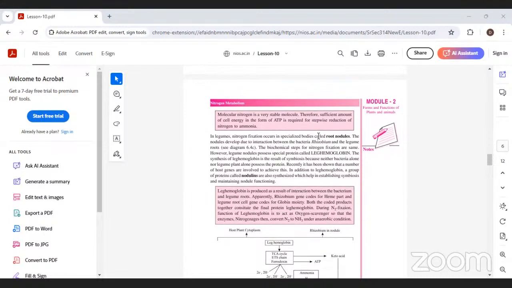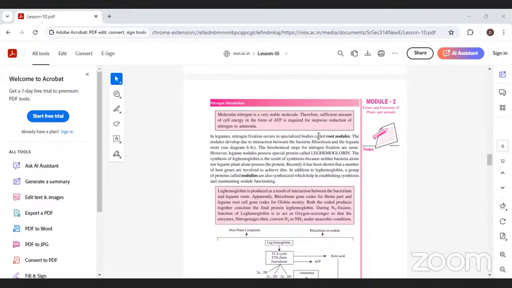You can observe this in legume plants. Legume is the Fabaceae family, Leguminosae family. In legumes, nitrogen fixation occurs in specialized bodies called root nodules.